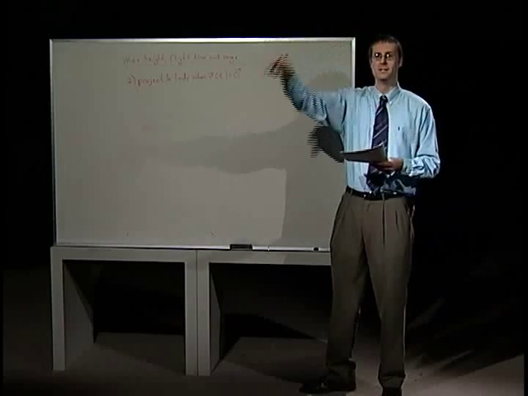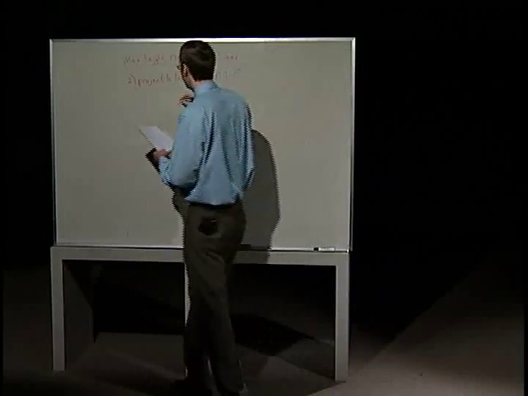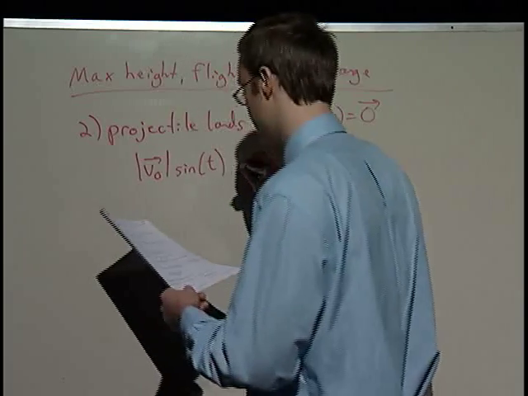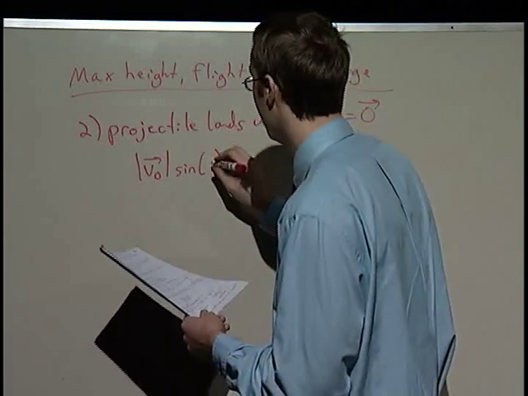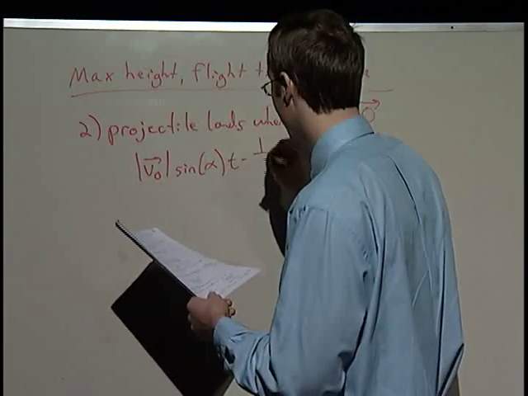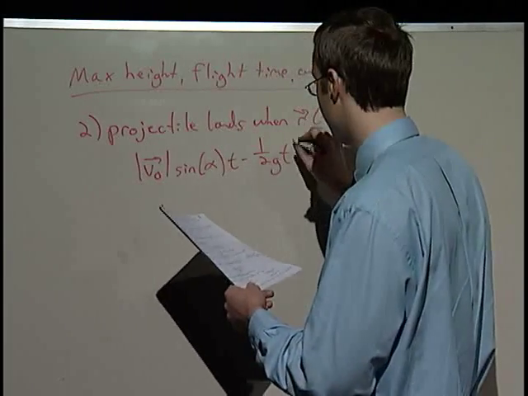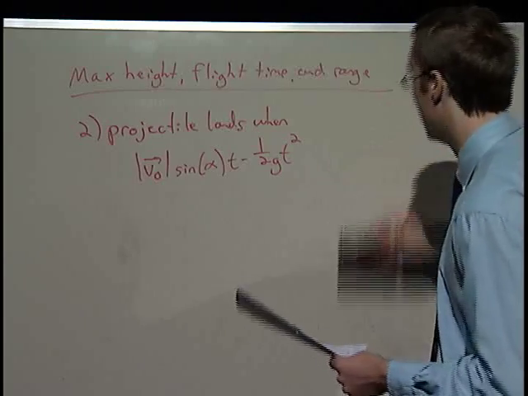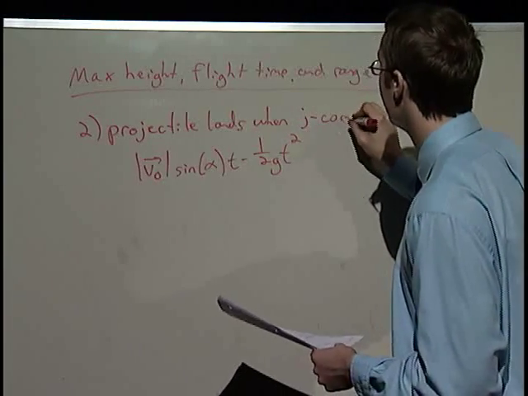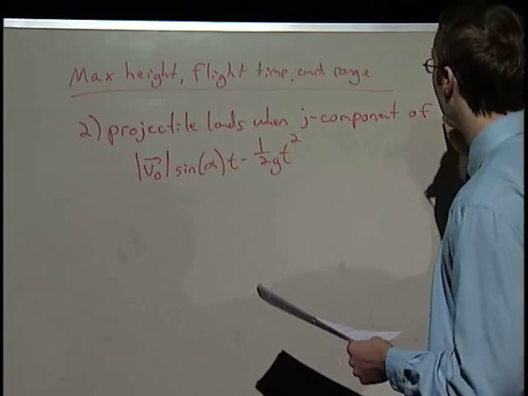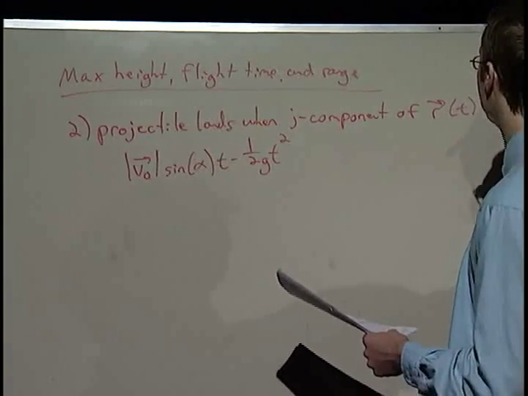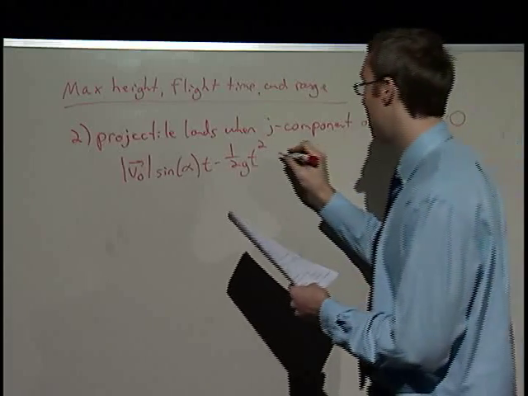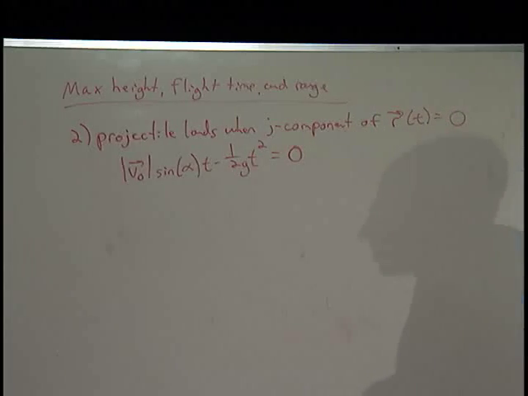It started off at 0 and ends at 0 when it hits the ground again. Actually, I said the wrong thing up here. This should be when the j component of r of t is equal to 0. Yes, that's a lot better. The vertical distance is 0 when it lands.